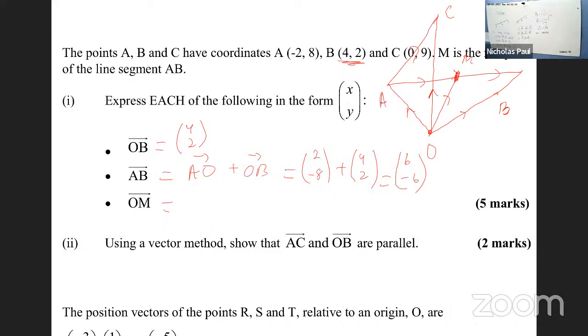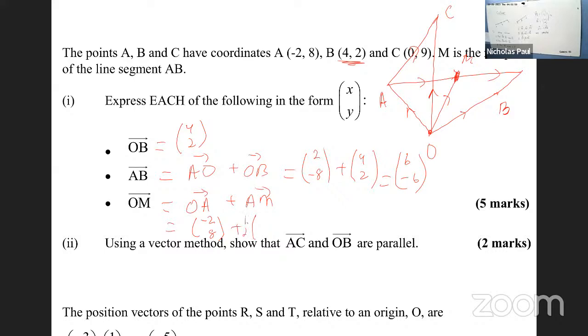Following the arrows, what did you all do? O to A to M. O to A plus A to M. O to A we know already. O to A is minus 2, 8. And AM is half, that's the midpoint.